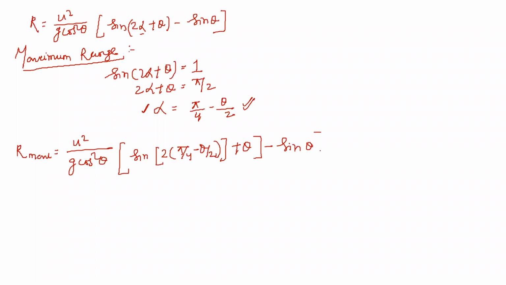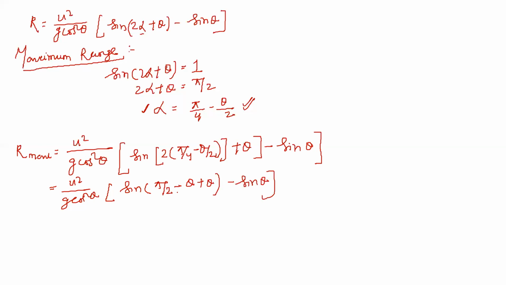If 2 goes inside, it will be pi by 2 minus theta plus theta, minus sine theta.